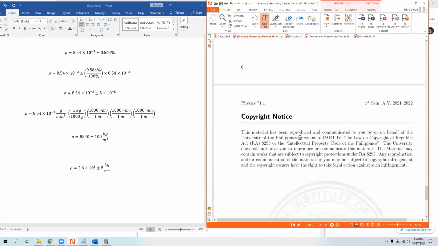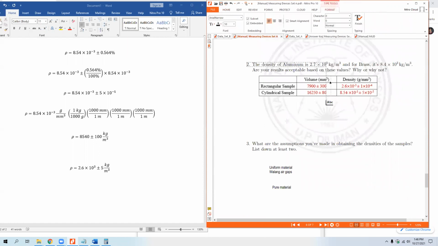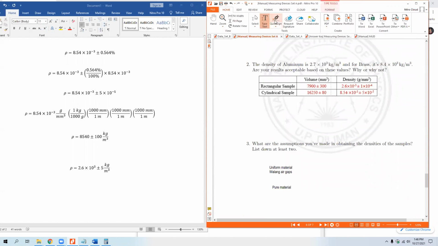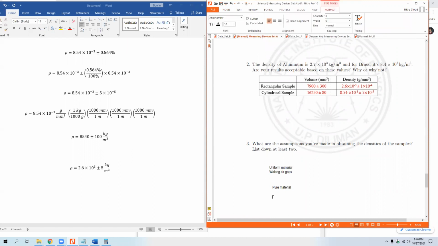Which means no dents or anything that could change its shape. So, perfect cylinder or perfect cube.